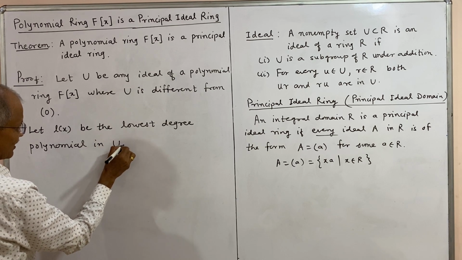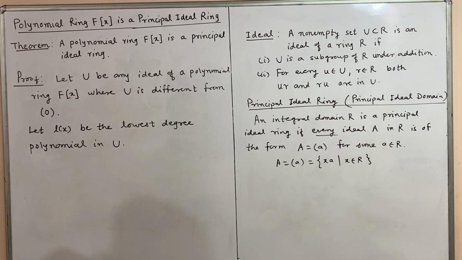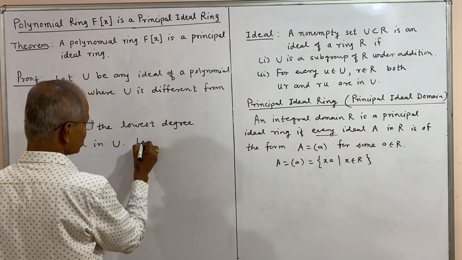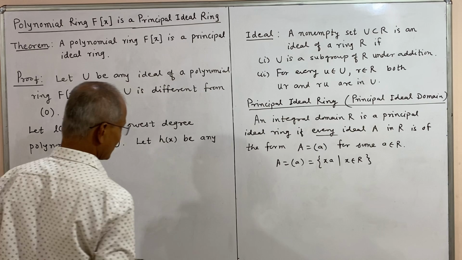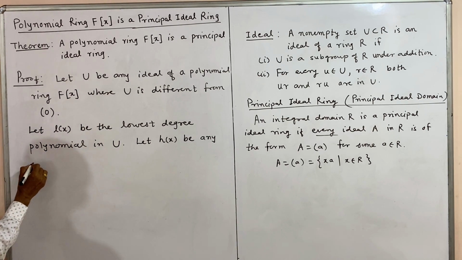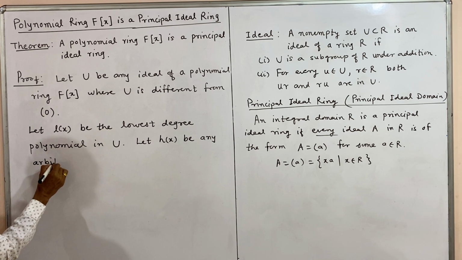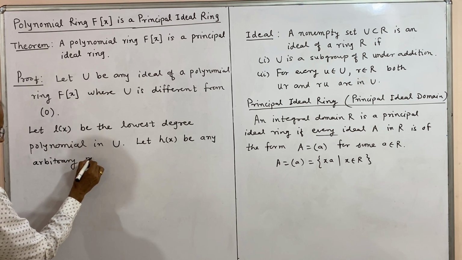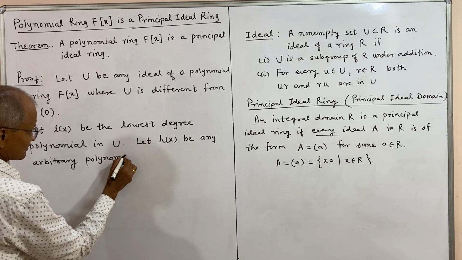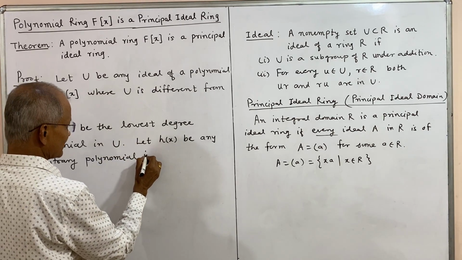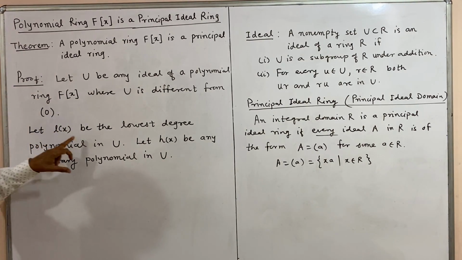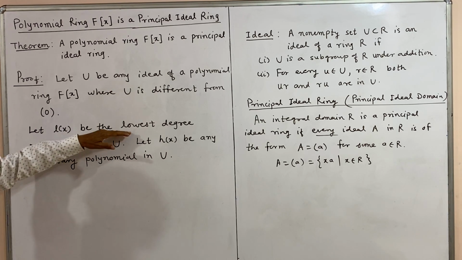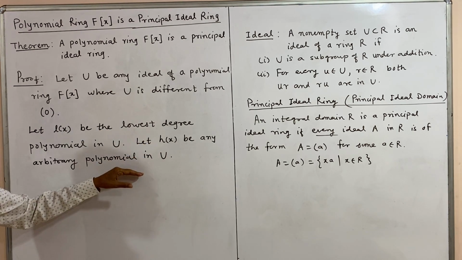And we shall consider another polynomial, h(x), an arbitrary polynomial in U. So two polynomials we have considered in U itself. What is the difference in this? L(x) is the lowest degree polynomial and h(x) is any polynomial in U.